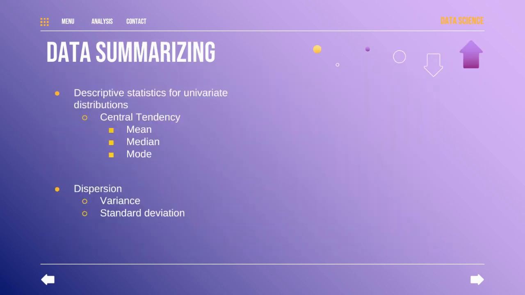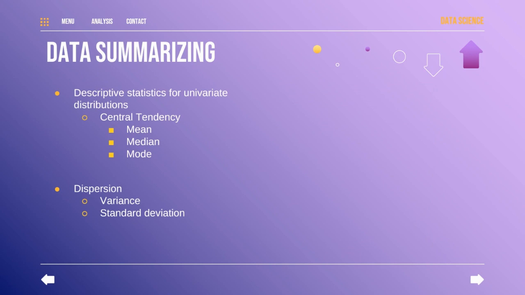Summarizing the data is nothing but doing descriptive statistics in univariate format for the dispersion. First, what is meant by univariate representations? It may vary from one to another, so it is not in a straight format, or it has a large spread.